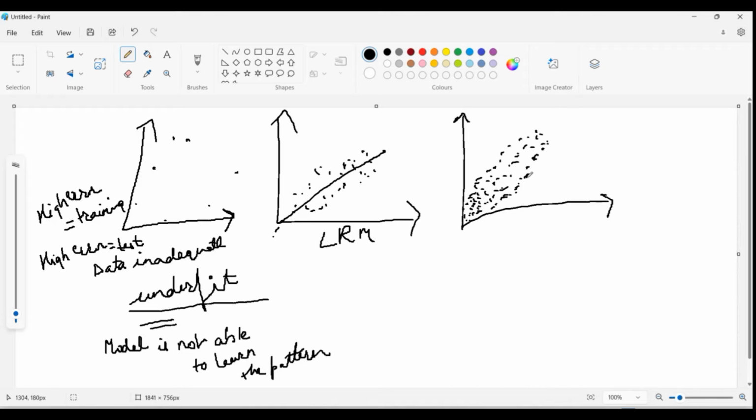Everywhere, so much. So what your machine learning algorithm does when it has a lot of data is it tries to learn every other point. It tries to include all the points in it. So much data you have provided, it will always give you a squiggly graph.